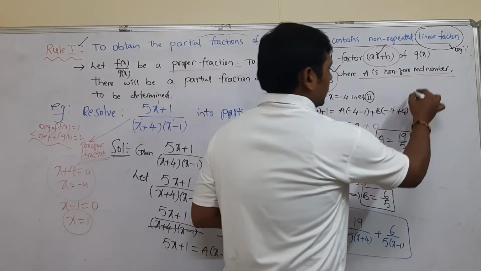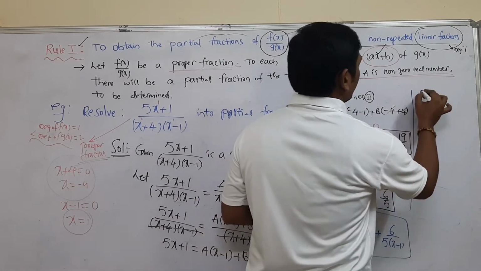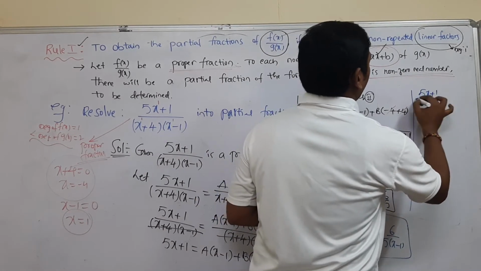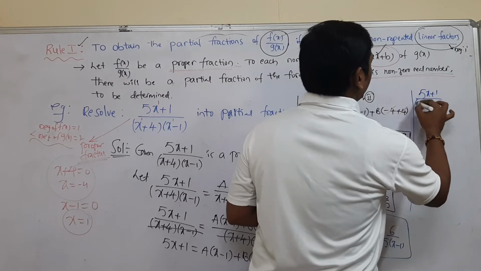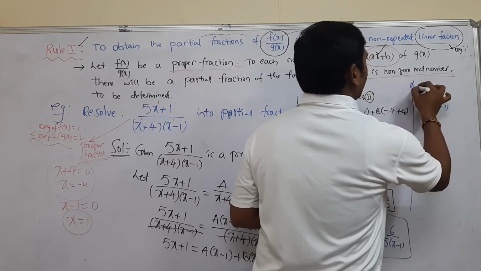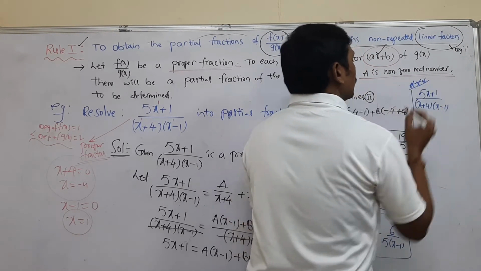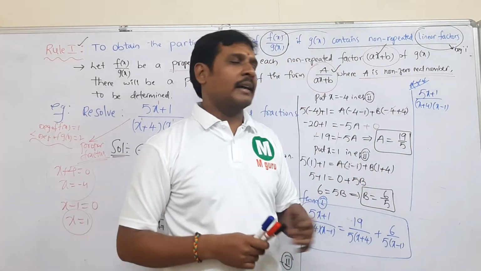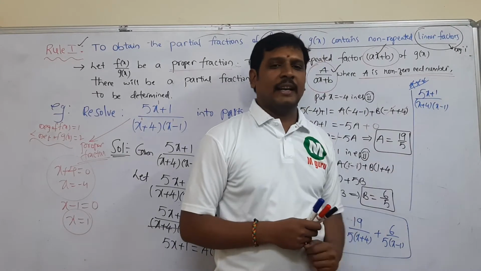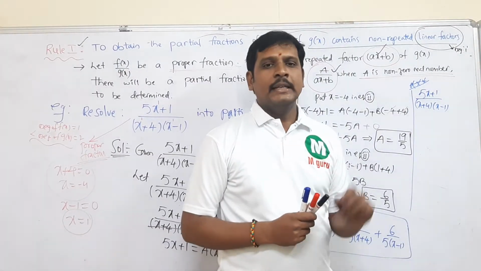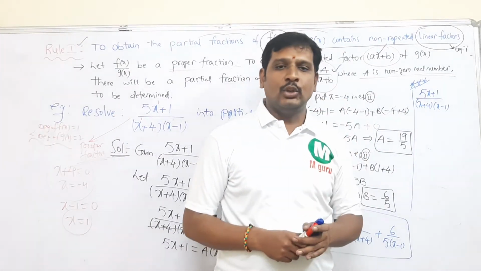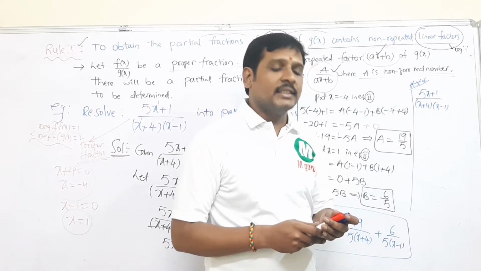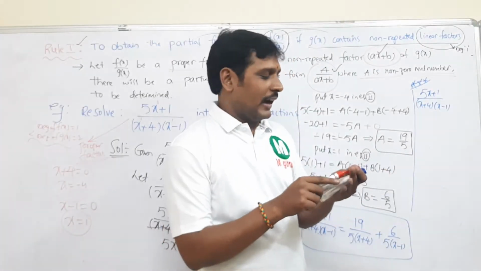So you can see here, what is the given question? 5x plus 1 by x plus 4 into x minus 1, right? So even we can write it in a single line. How? Same as this. The denominator's first factor is x plus 4. Just replace x with minus 4 in everything other than the x plus 4 factor.